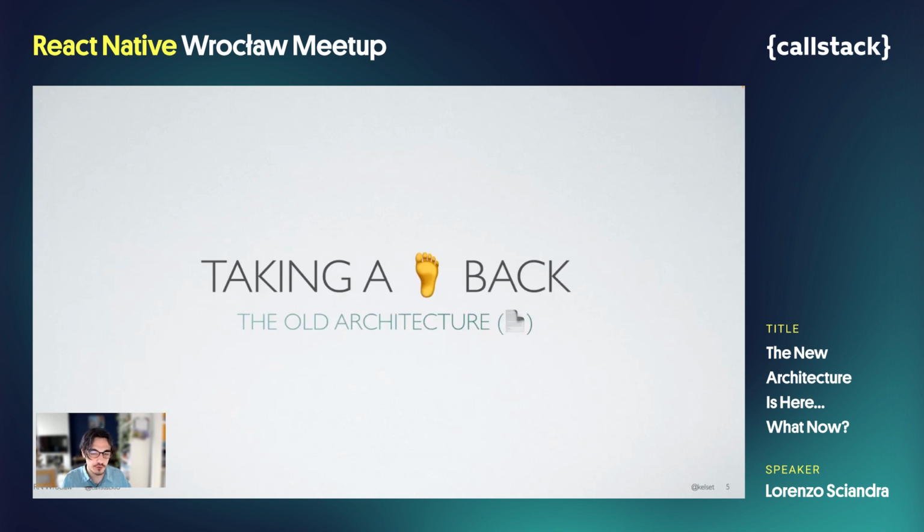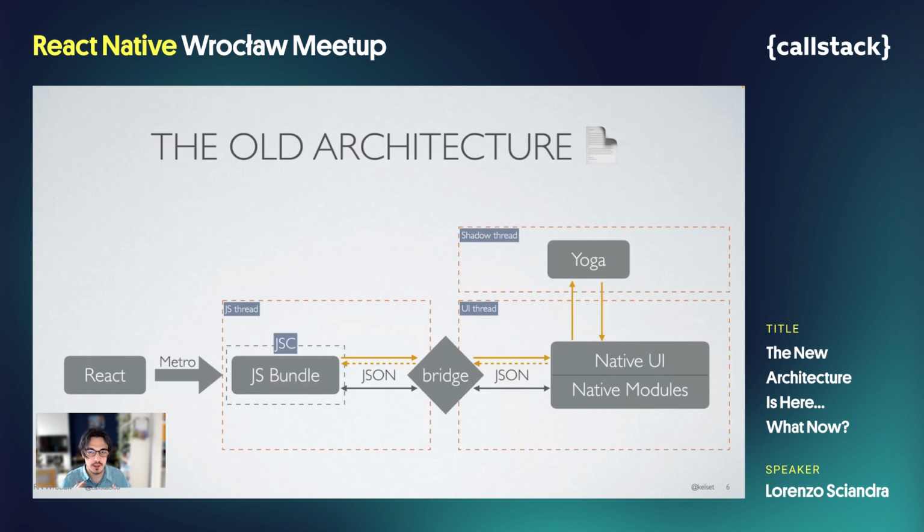Before we do that, let's take a step back. Let's go back to see what the old architecture, what is usually called Paper, looks like, so that we all have a baseline of common understanding. This graph may sound a bit more complicated than what you're usually used to, but this is pretty much how the old architecture has been working so far.